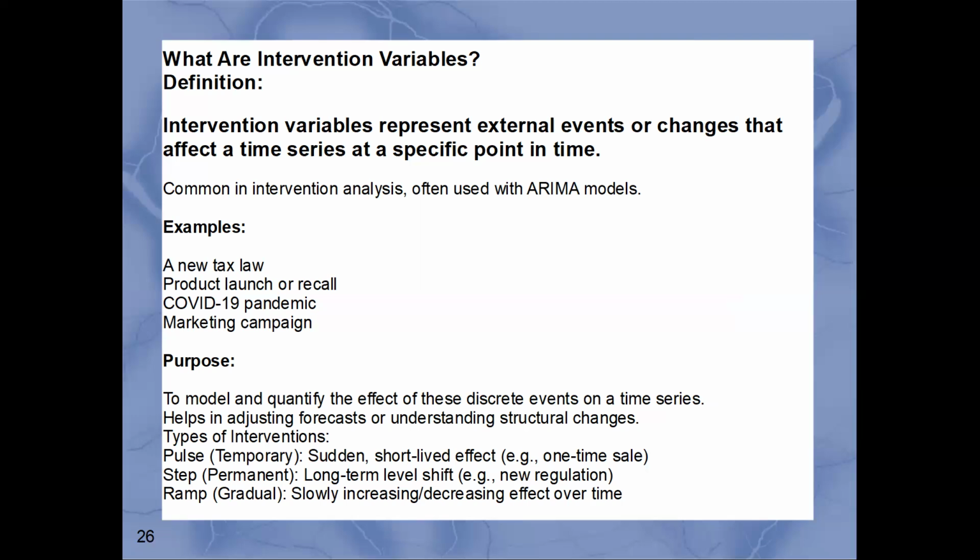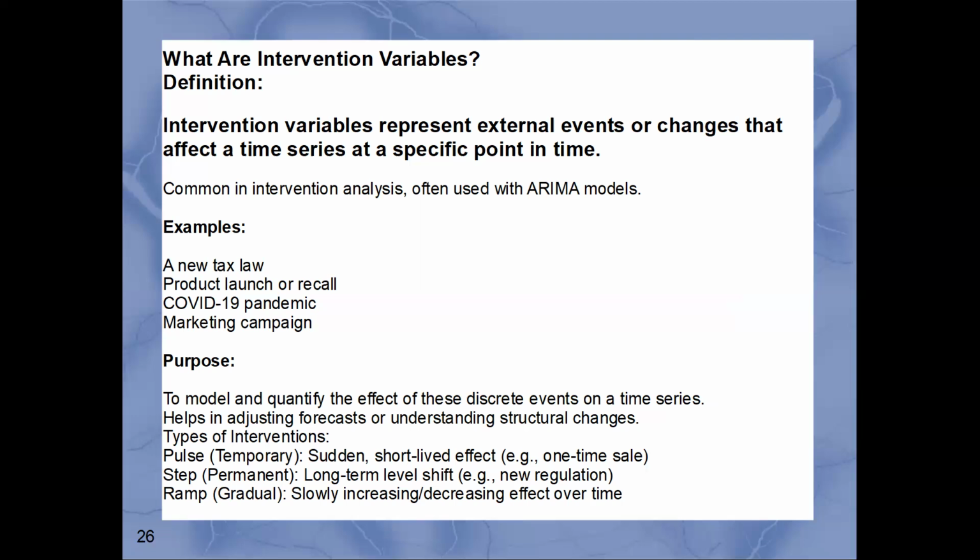Or a step, this is permanent, so these are long-term level shifts. For example, maybe there's a new regulation or a new tax or something like that. And a ramp is gradual. This is a slow increasing or decreasing effect over time.